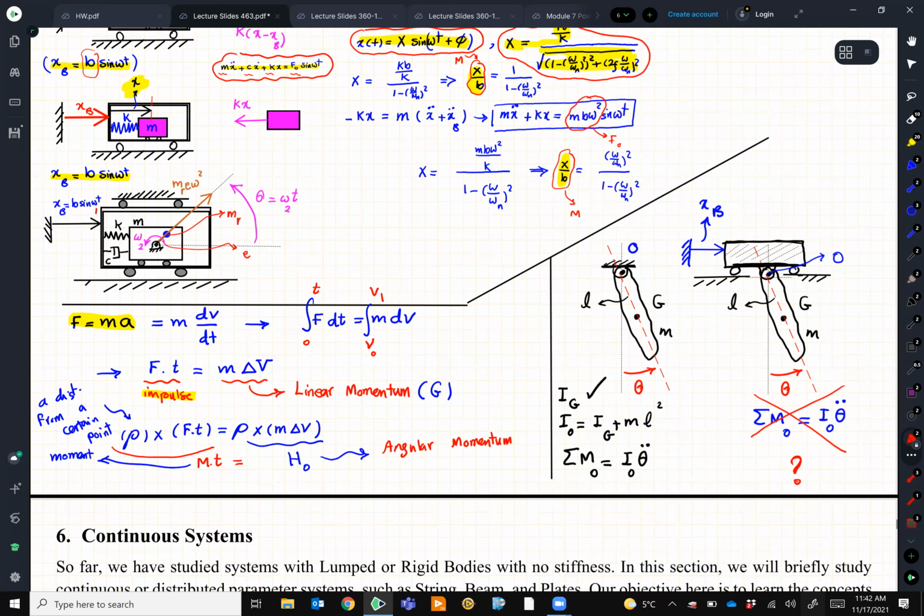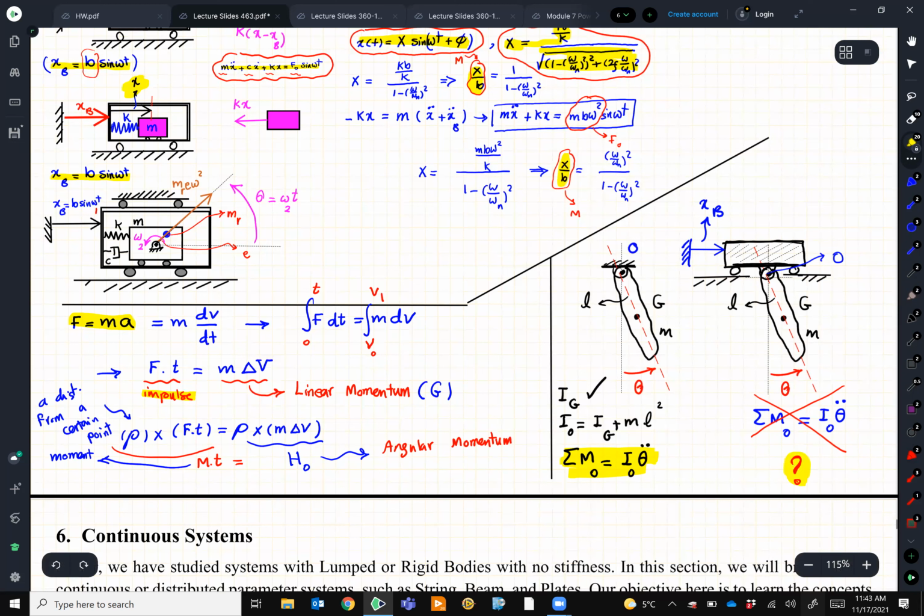There was another question some of you asked, about a cart with a pendulum and a torsional spring, and you were confused about how to solve it. But as a general rule, whenever a point is fixed, we can use the Euler formula simply as the sum of the moment about that point is IO alpha.